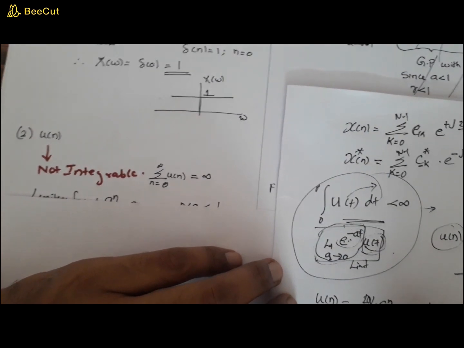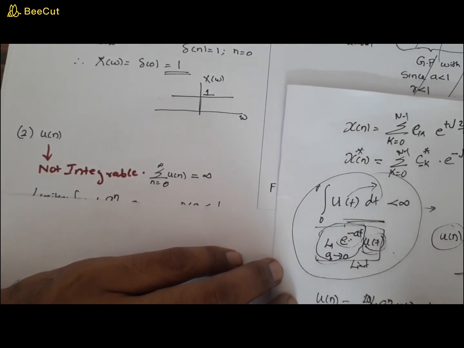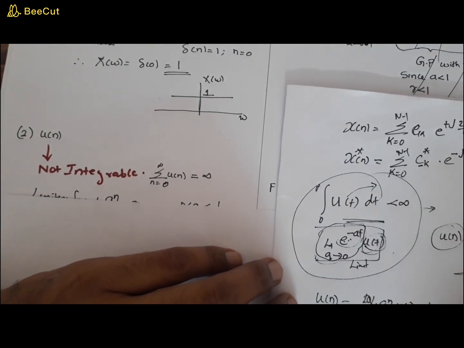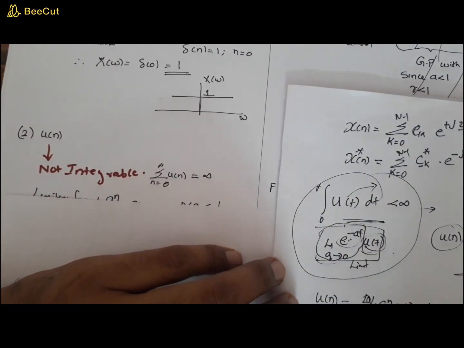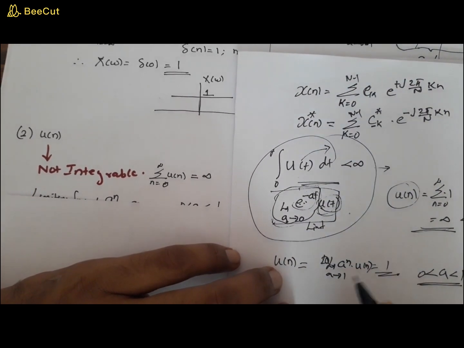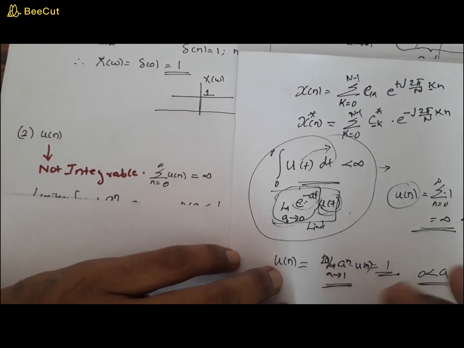Similarly, when you multiply this signal by a raised to n, provided a lies between 0 and 1, it is tending to 1, meaning a is less than 1 and getting closer and closer to 1. It can be viewed in that way.